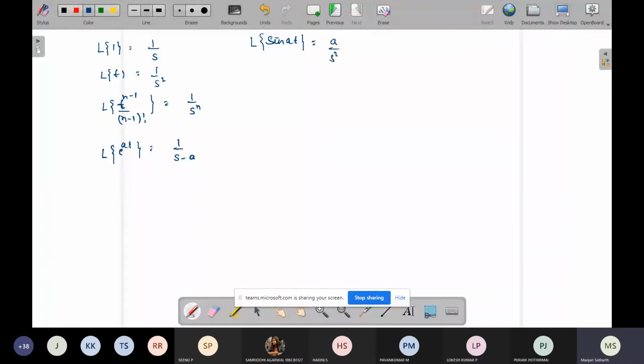For sin at, it is a over s square plus a square. Similarly, for hyperbolic sinh at, it is a over s square minus a square. Laplace transformation of cos at: in sine it is a in the numerator and in cos it is s.